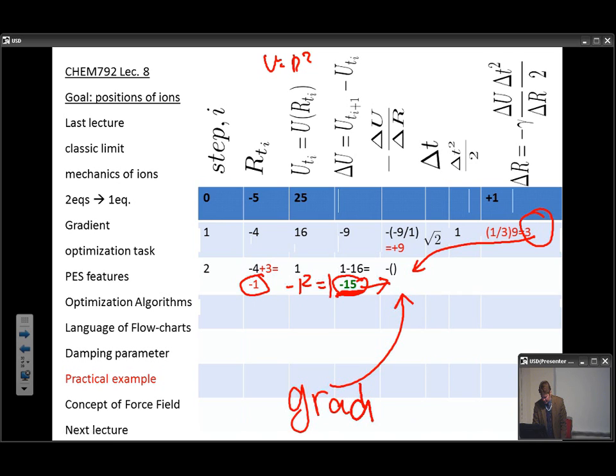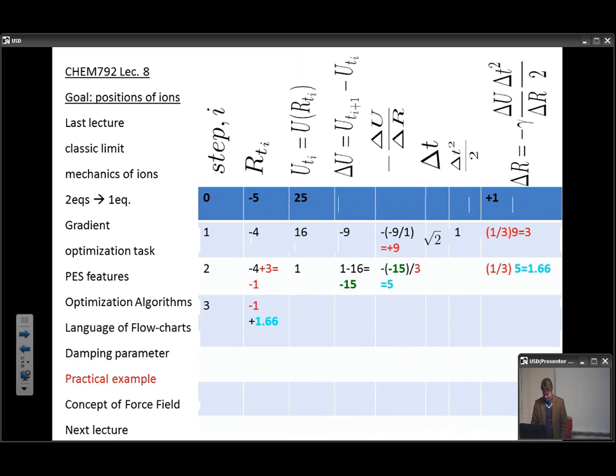And we are going to get gradient. -15 divided by 3 should be, and with minus should be 5. Yes. Okay, so this 5 is our gradient.